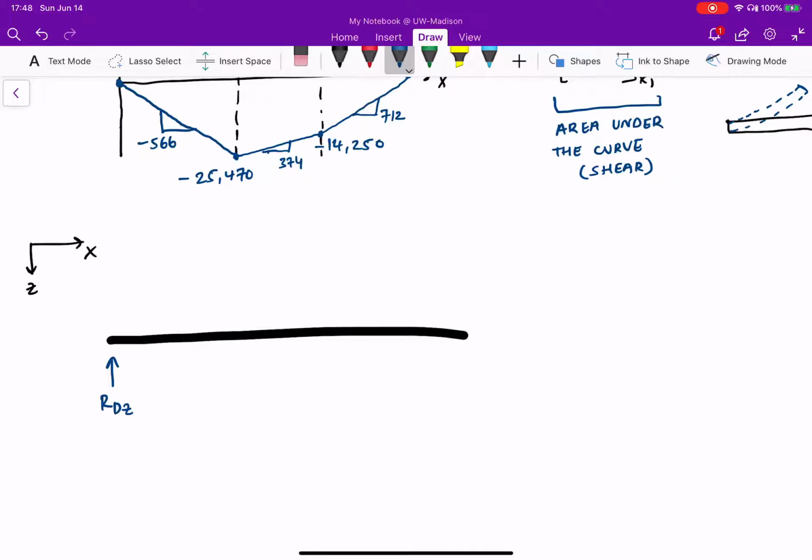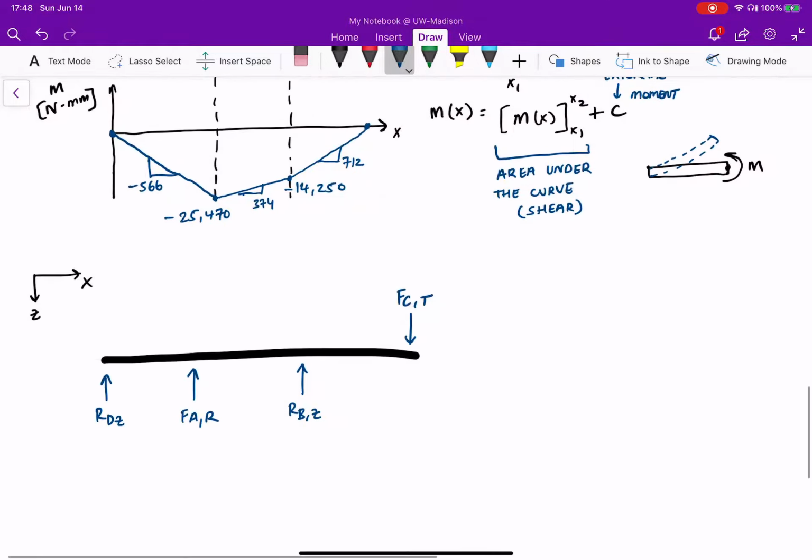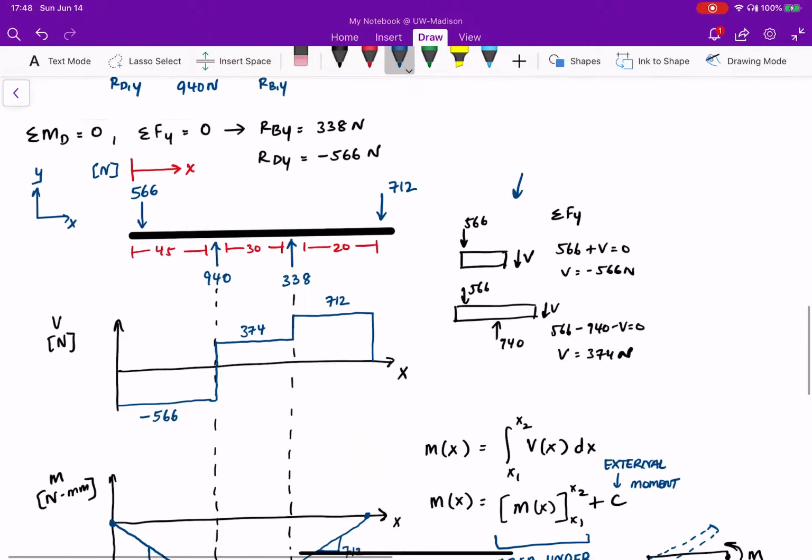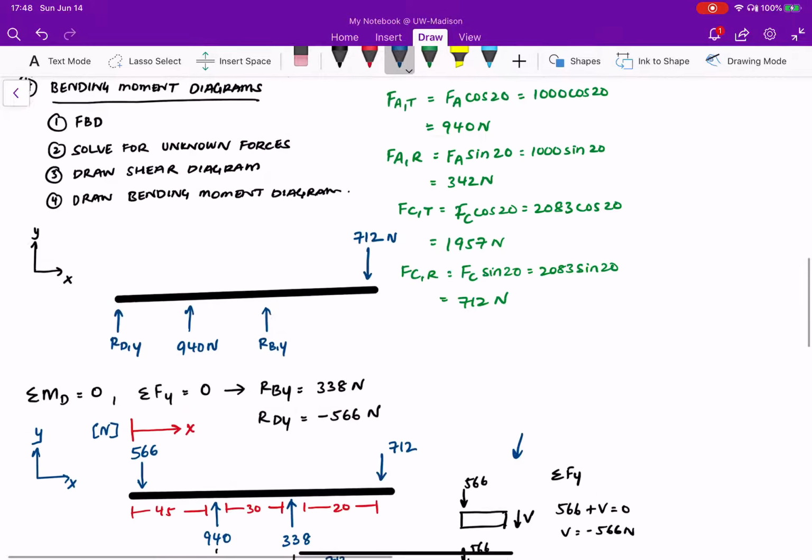So RdZ pointing in the negative Z, FA radial pointing in the negative Z, the reaction at B in the Z direction pointing in the negative Z, and FC tangential pointing in the positive Z. And based on the values we calculated earlier, we need FAR and FCT.